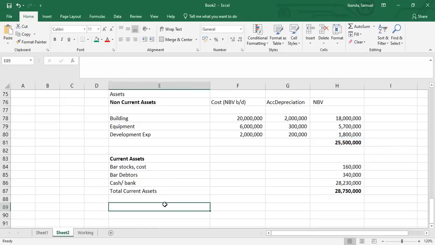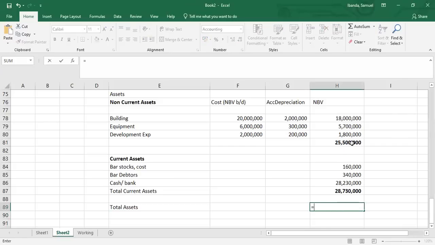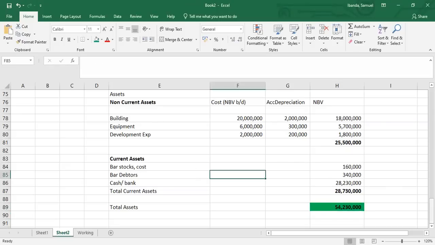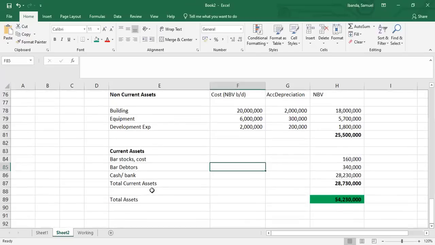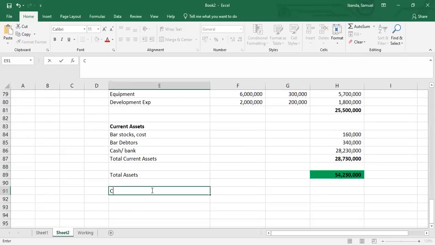Then I'll sum up, get my total assets, which is this plus this, which is 54. So this is what I have as my total assets. So then I'll just do my liabilities very fast. Say equity and liabilities.